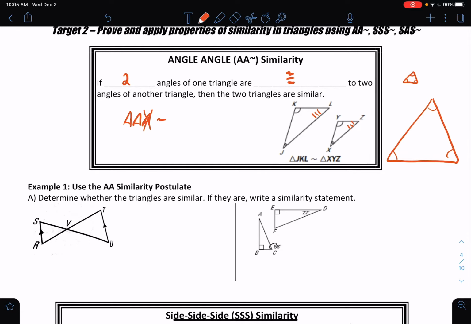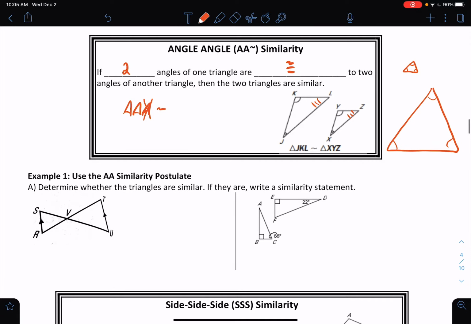So, in example 1, do we have enough to prove that the triangles are similar? If they are, write a similarity statement. Well, we've got vertical angles here: angle SVR is congruent to angle UVT. And we've got parallel lines here.